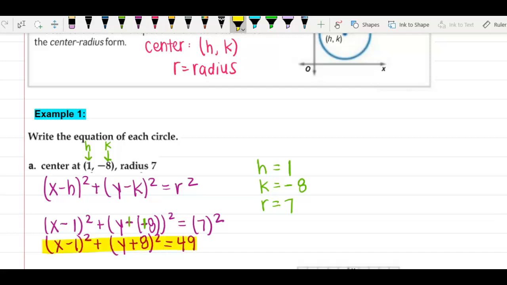So this would be our final answer. We're not worried about graphing it. We're just worried right now about writing the equation. Notice, because we have these minus signs, all that does is change the sign of h and k. Positive 1 became a negative 1, negative 8 became a positive 8, and then we squared our radius.